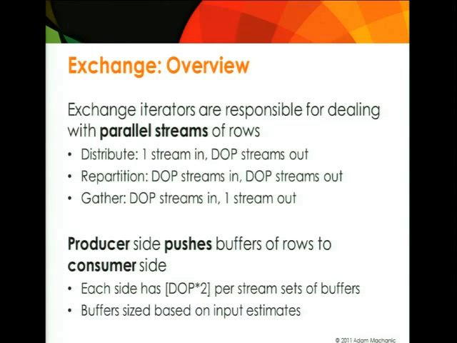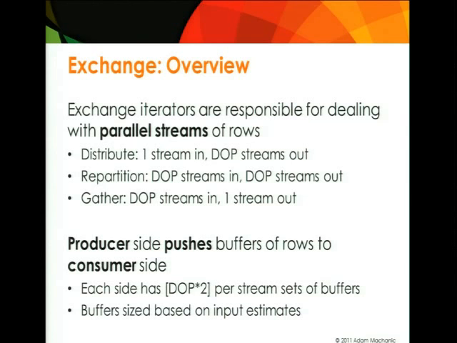And the way this works is that there are two sides of each exchange iterator. There's a producer side and a consumer side. And the sides of the iterator communicate with each other using buffers or packets of rows. And each side has DOP times 2 sets of these buffers. So you can see that for something like distribute or gather, there will be DOP sets of buffers.